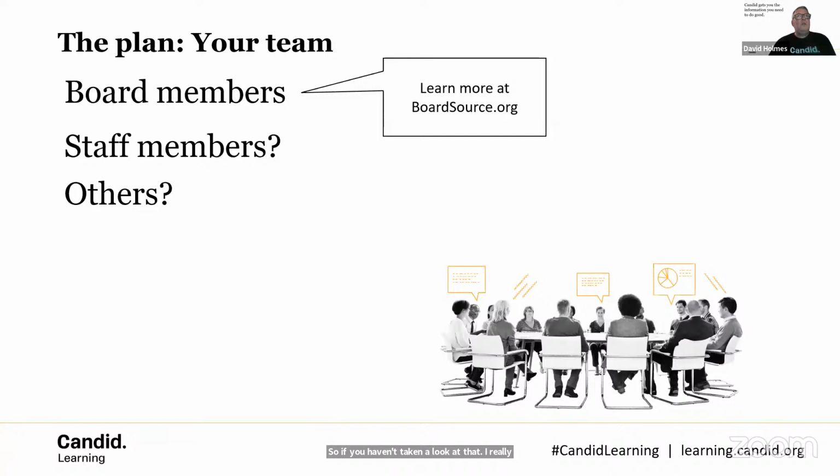Now, as you start your organization, you may want to see about hiring staff, but again, without finances, it's difficult to do that. Oftentimes, the person that's running the organization isn't paid all that well or isn't paid at all at first. You might have volunteers that are board members.